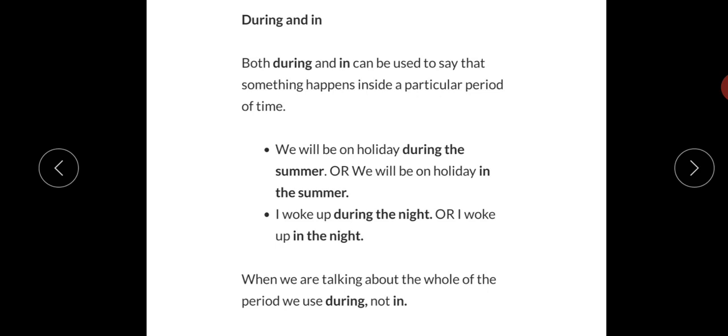But when we are talking about the whole of the period, we use "during", not "in". சரியா? ஃபுல் நைட்டும் நான் முழிச்சிருந்தேன், I woke up during the night, நைட் ஃபுல்லாகவே நான் முழிச்சிருந்தேன் அப்படின்னு சொன்னால் we use only "during". ஆனால் நைட்டில் எப்போவோ ஒரு டைம், நைட்டில் ஒரு பாயிண்ட், ஒரு 11 o'clock, ஒரு மிட் நைட்டில் ஒரு 1 o'clock நான் முழிச்சிருந்தேன் அந்த நேரத்தில் அப்படின்னு சொல்கிறது தான் I woke up in the night. அந்த டைமில் ஏதோ ஒரு பாயிண்டில் நம்ம எந்திரிச்சிருக்கோன்னு அர்த்தம். ஓகேவா? நைட்டில் ஃபுல்லாக நைட்டு தான், பட் ஏதோ ஒரு பாயிண்டில் I woke up in the night. அது எந்த டைமாக வேணாலும் இருக்கலாம், 11 இருக்கலாம், இல்லை 1 o'clock இருக்கலாம், 2 o'clock இருக்கலாம். பட் நான் வந்து if I say I woke up during the night அப்படின்னா நான் நைட்டு ஃபுல்லாகவே முழிச்சிருந்தேன் தான் அர்த்தம்.